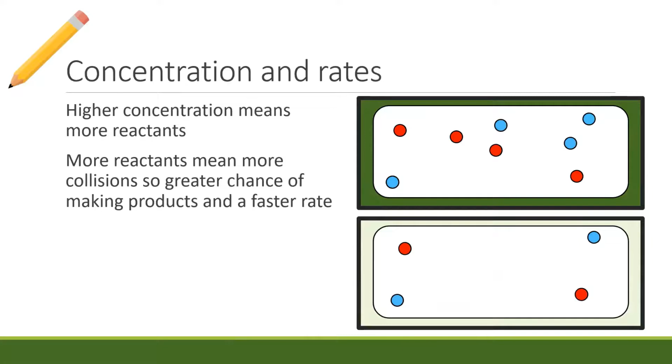Although temperature and surface area are a little bit difficult, concentration is the easiest. If there's more stuff, it'll go faster. It's the same as when you do a chemical reaction as a demonstration for students, and they're like, oh, sir, add more. And you're like, well, if I add more, the reaction's going to go bigger. That's exactly what it is.